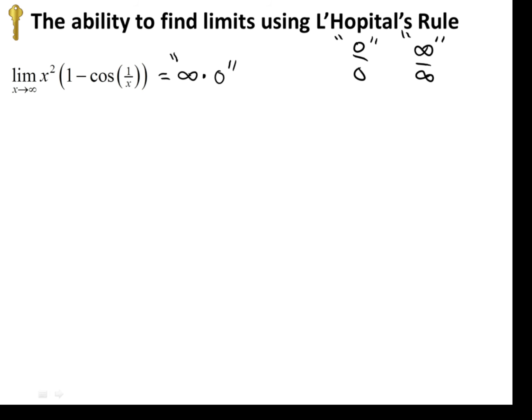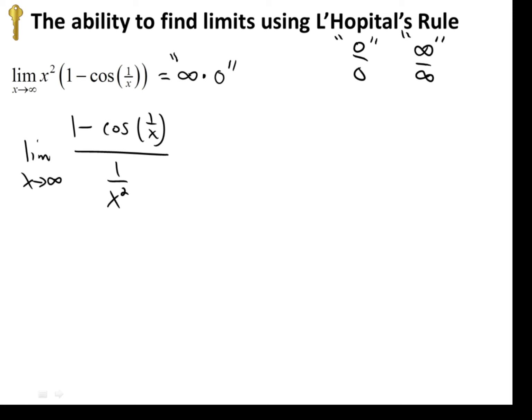So instead of multiplying by, well, whose reciprocal? You want to use the 1 minus cosine? 1 over x's reciprocal? Or do you want to use x squared's reciprocal? X squared. You've got to do the easiest route to it. So we're going to do 1 minus the cosine of 1 over x, and then divide that by the reciprocal, 1 over x squared. You didn't change it. You rearranged it.